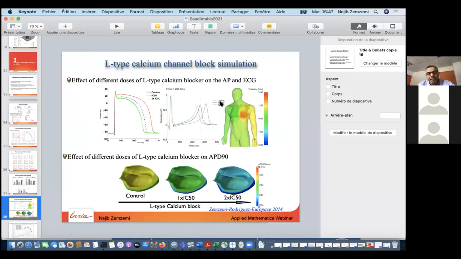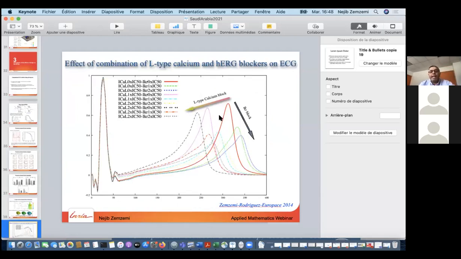We can see, for instance, on the body surface, how a calcium blocker prolongs the APD, action potential duration, and consequently the QT interval. If we compare the L-type calcium blocker and the IKr blocker, one prolongs the QT interval and the other shortens the QT interval.